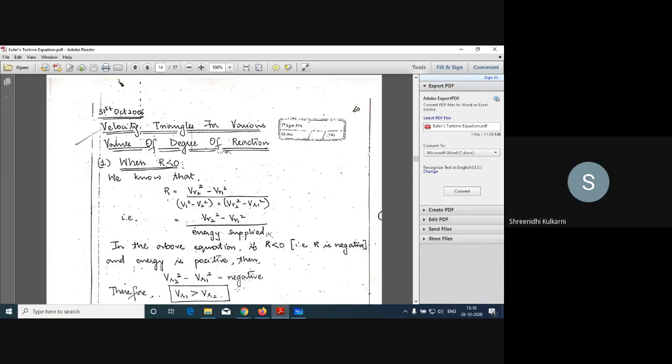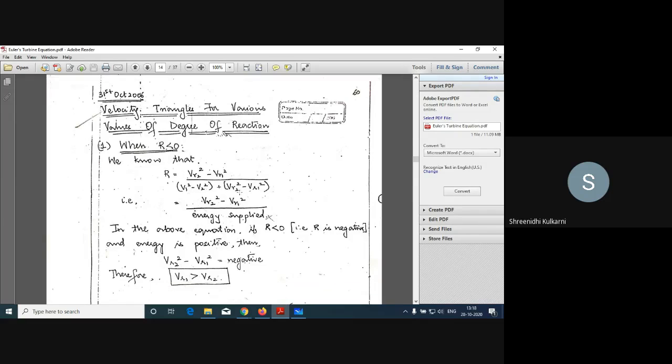So VR2 square minus VR1 square is negative, and we can transfer this to the other side.